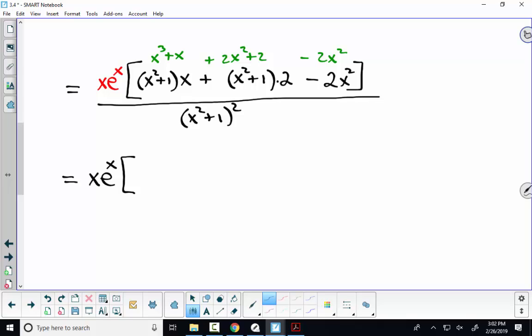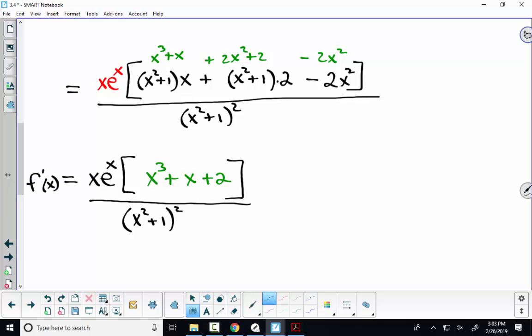We have an x cubed plus x plus 2, all over this. All right, so that's the simplified version of our derivative.